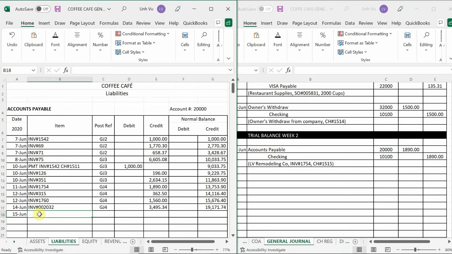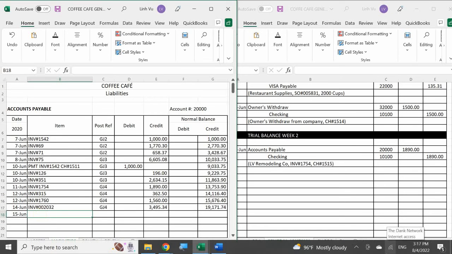The invoice 1754, the payment of 1890, with check number 1515, on page 5 of the journal.